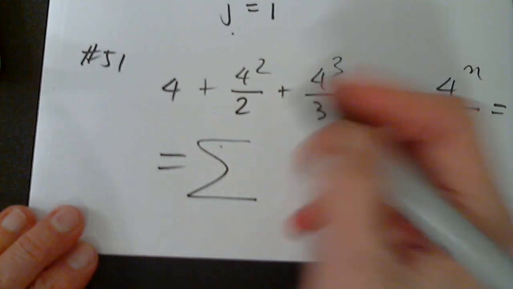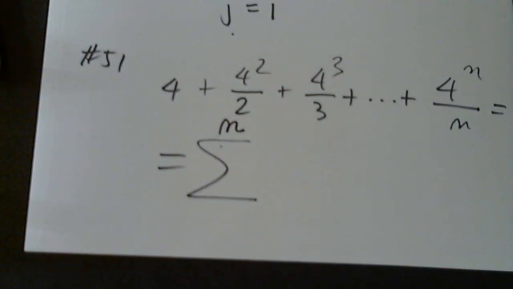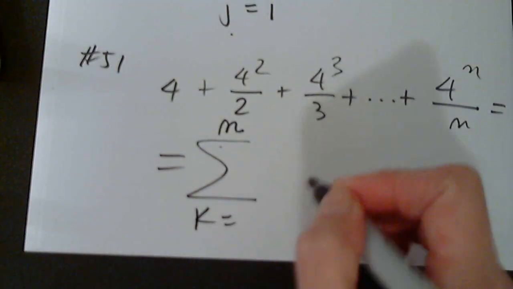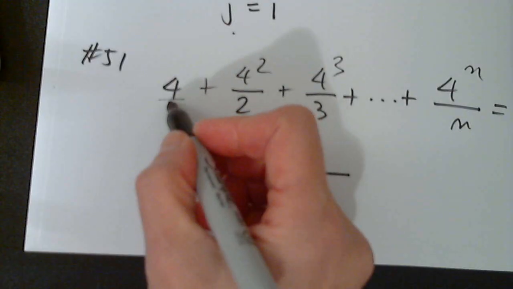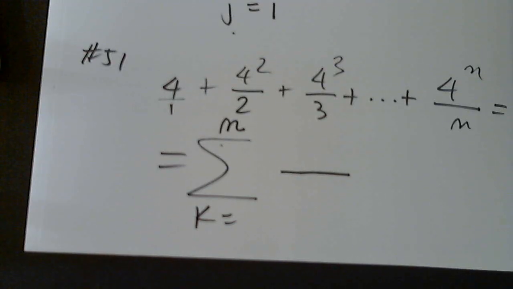Now we know that the last one is n because that's what it is. So let's use k this time. Of course, you have to imagine that there is a 1 here.